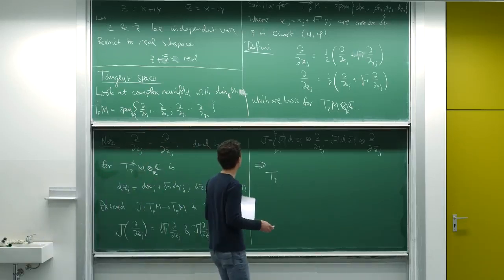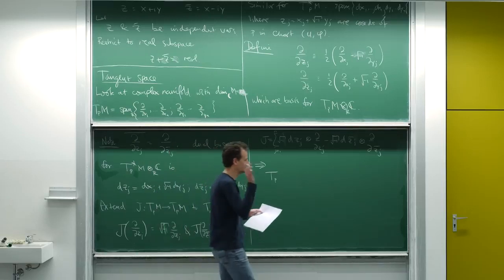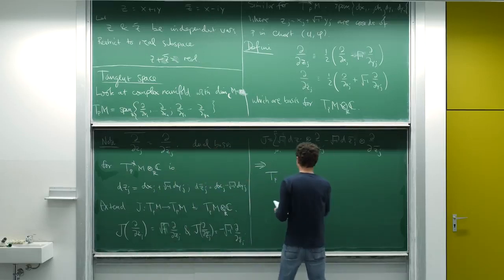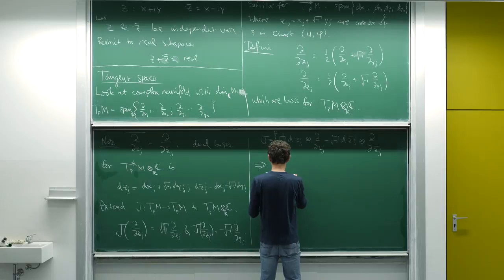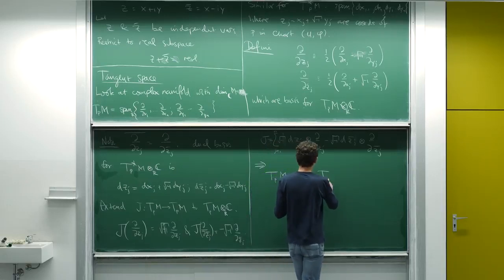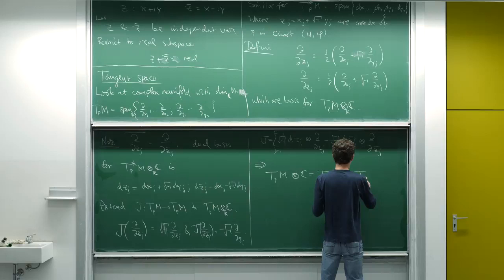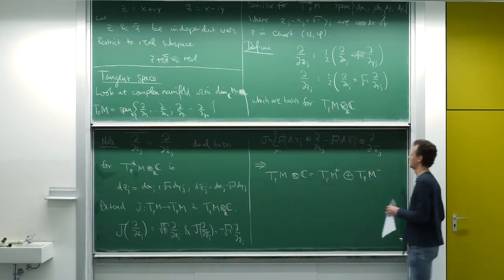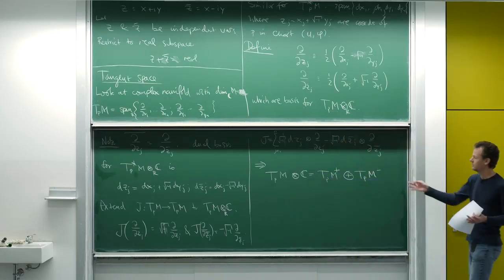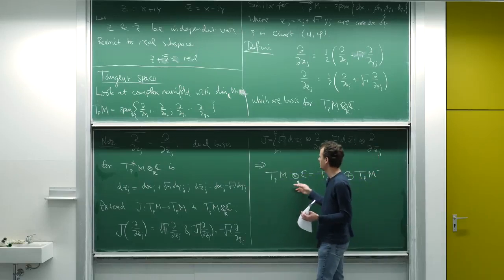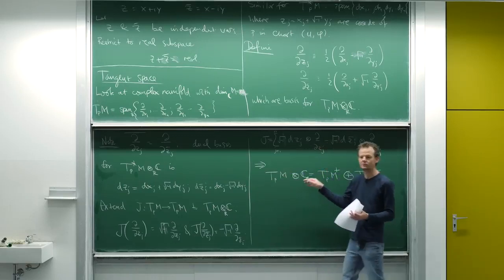I mean, you want to do it, it's a useful thing, just don't think that it's unitarily invariant. So we can break up this 2n-dimensional complex vector space into two subspaces.